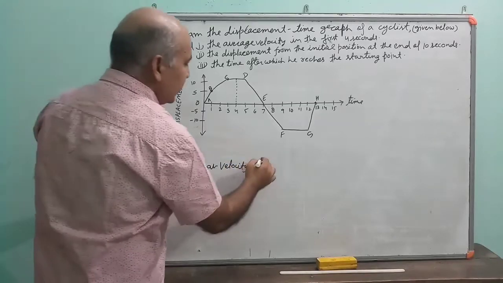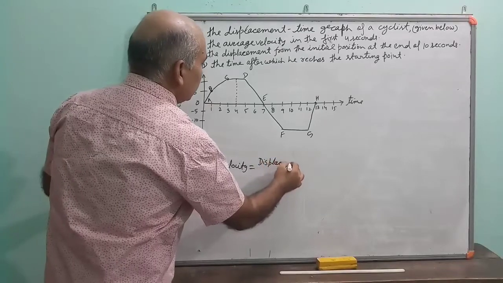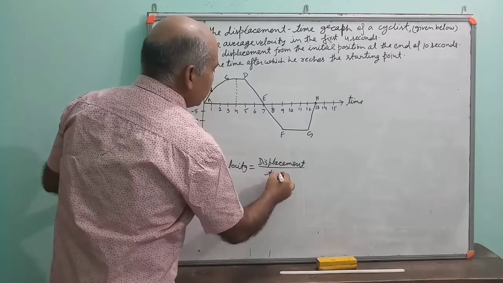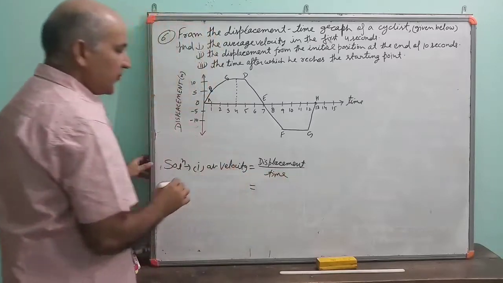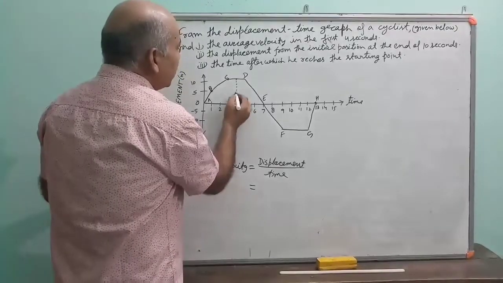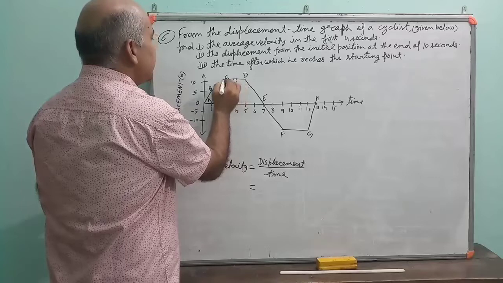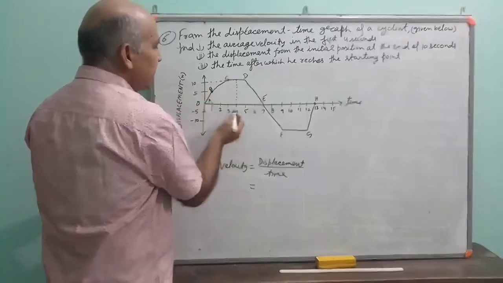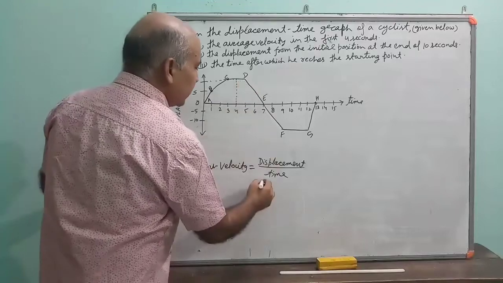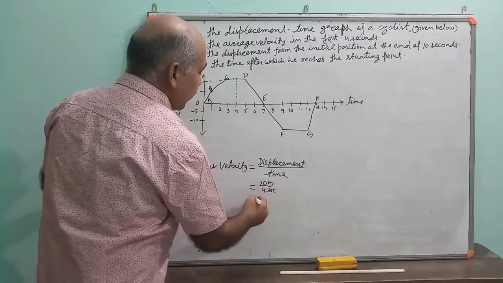Average velocity is equal to displacement upon time. This is the formula. From the graph you are watching that after 4 seconds the displacement is 10 meter. That means 10 meter in 4 seconds.